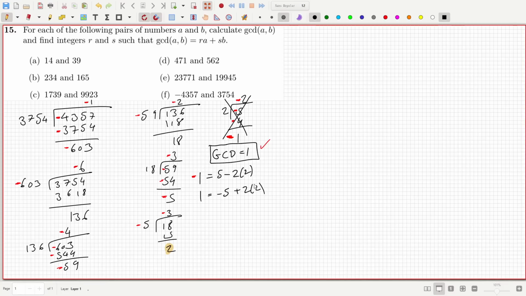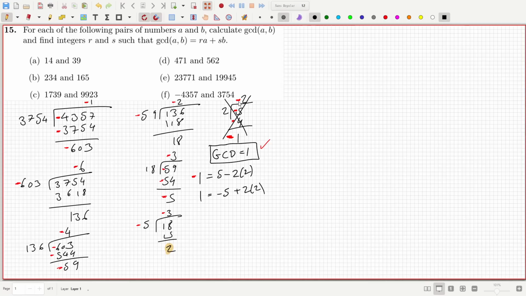But it's really this 2 that I'm replacing. But should I sub in with the minuses as well?